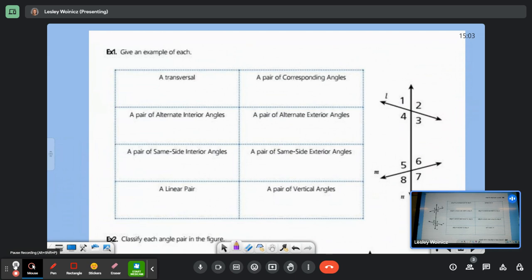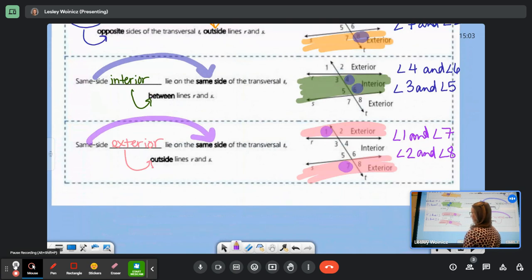All right, a transversal. What is the transversal in this picture? Line N. Good. You wrote the last one down: 1 and 7 and 2 and 8.